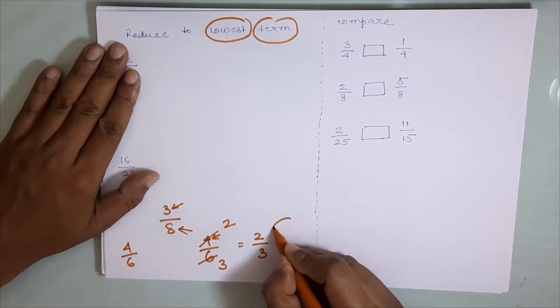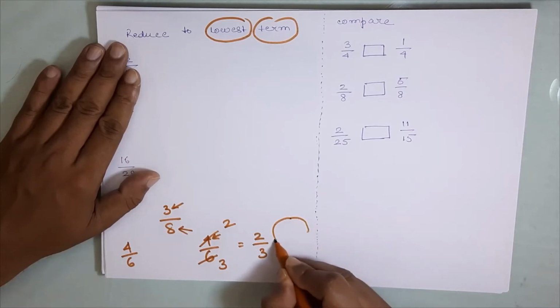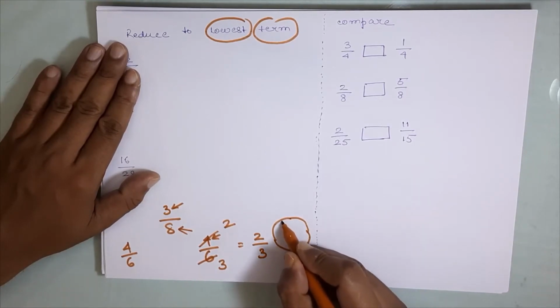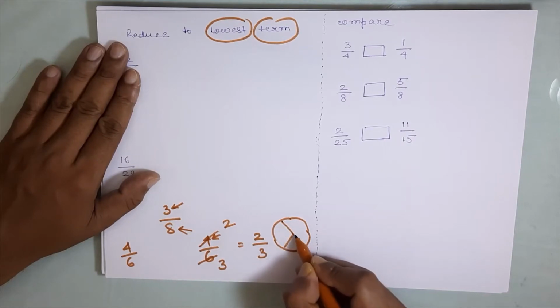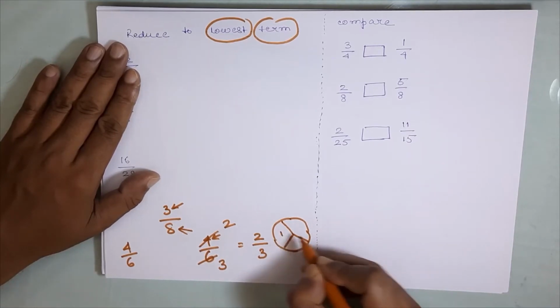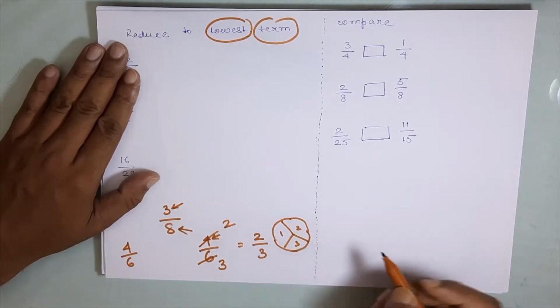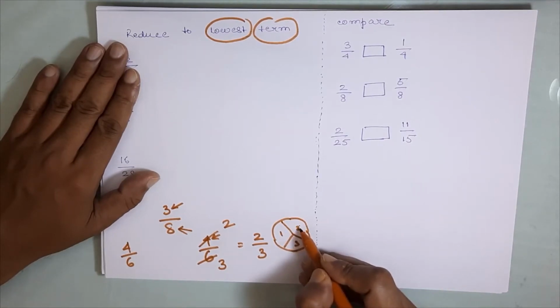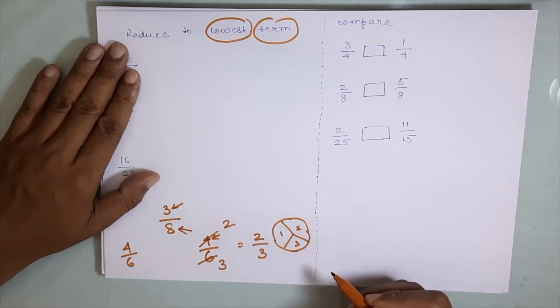So let us see our old example of a pizza. If I divide the pizza into 3 equal parts, my drawing is terrible, but this is 1, 2, 3, 3 equal parts. Out of 3, 2 equal parts we can represent as 2 by 3.